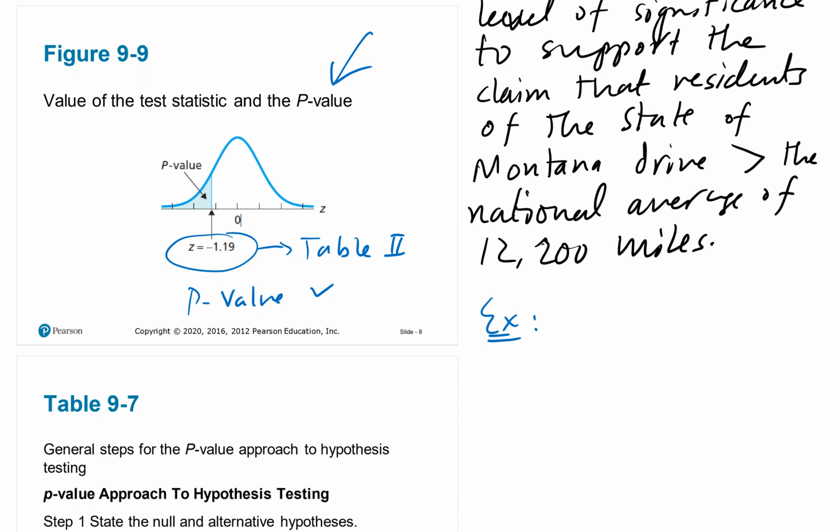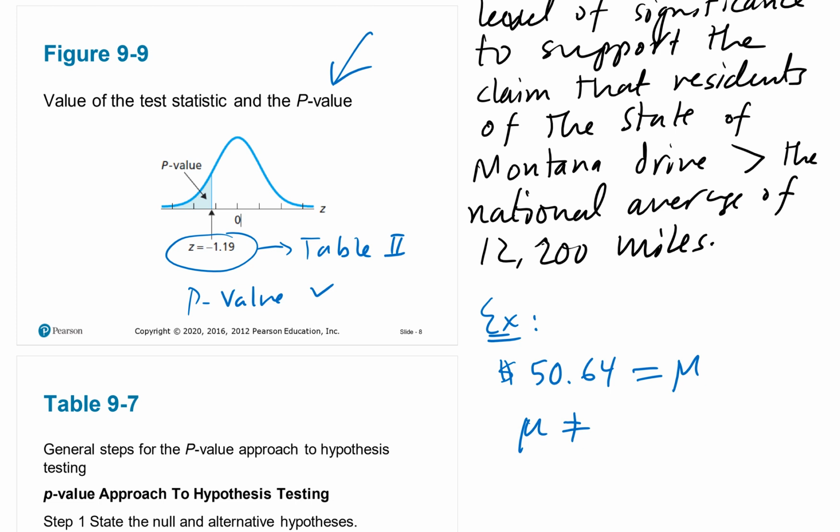The other example we covered in the previous section talks about, according to the CTIA Wireless Association, the mean monthly cell phone bill in 2004 was $50.64. And a market researcher believes that the mean monthly cell phone bill is different today, but is not sure whether the bill has declined because of technological advances or increased due to additional uses.